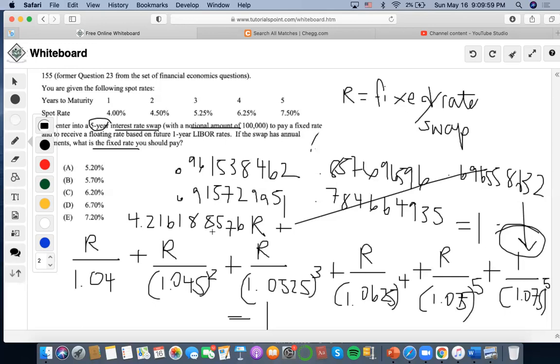Then I'm going to divide it by this amount, 4.2161888576, to get R by itself. And I'm going to find that R is going to equal 0.0719705, which will make 7.20% the answer. Fixed rate, which means R, which also means swap rate.